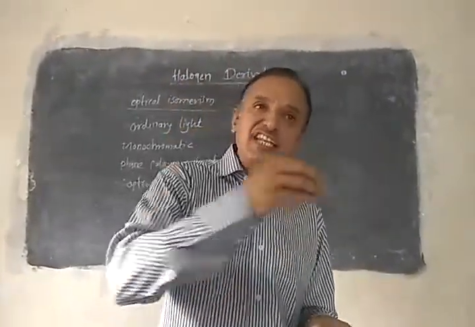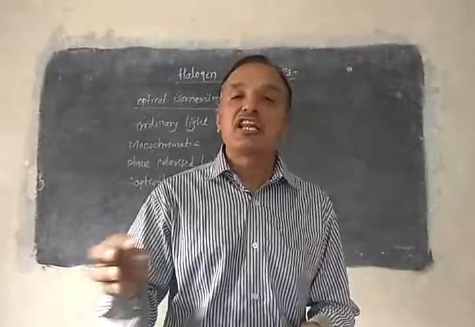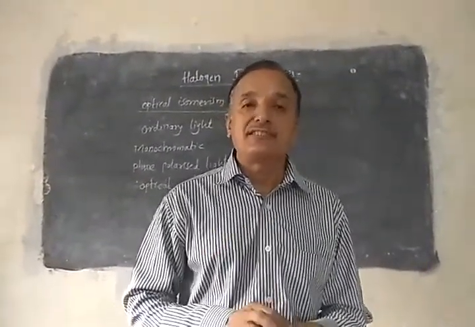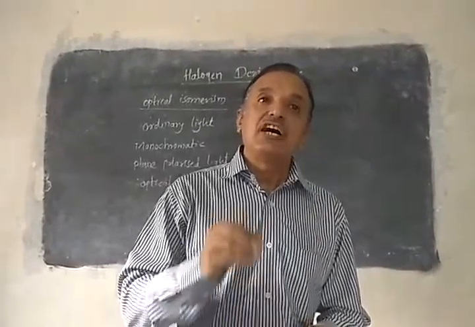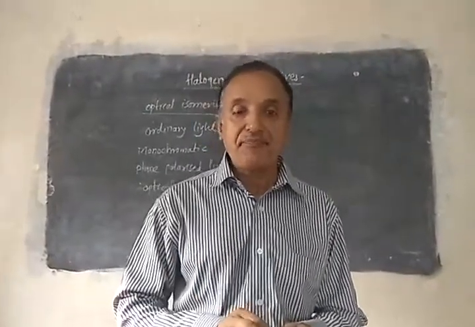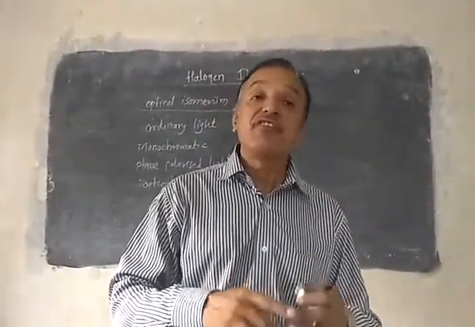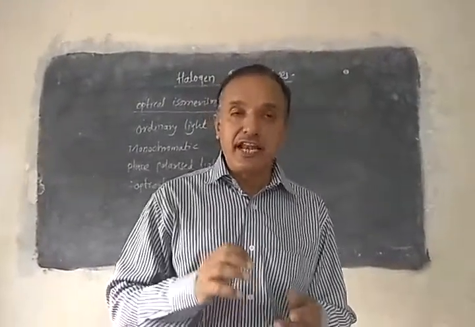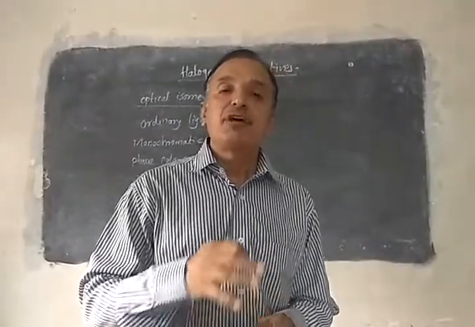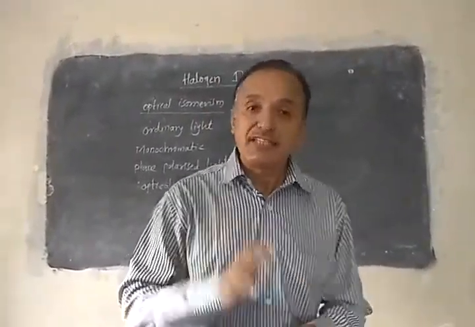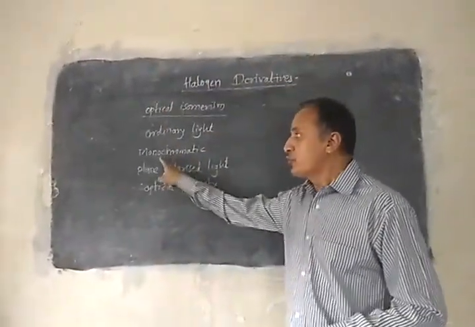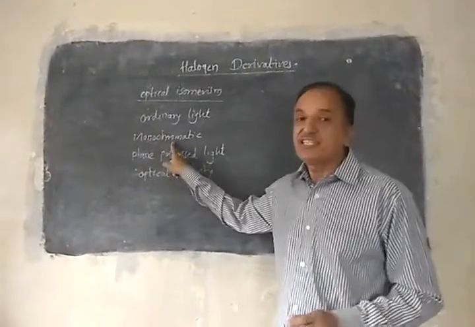Now suppose you take any one color, for example yellow or red light. That light is called monochromatic light, which means a ray of light that contains only a single wavelength. In ordinary light there are different wavelengths. In monochromatic light, mono means one and chroma means wavelength.